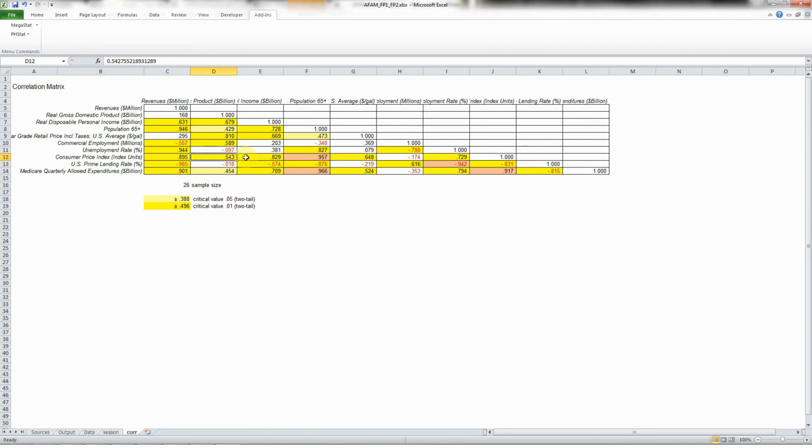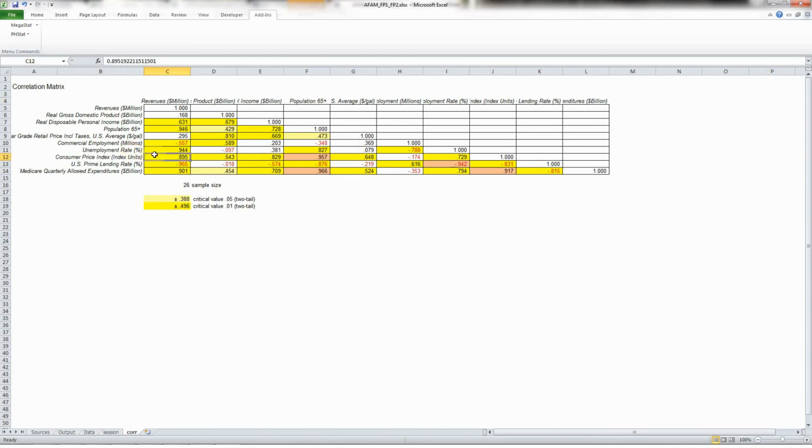Here's where we want it to be low, and 0.543 is pretty high, but not too high. Oops, population 65 plus, that's over 0.9. That's probably the problem. Here's another one, it's okay. So we conceivably could drop either consumer price index or population 65 plus.